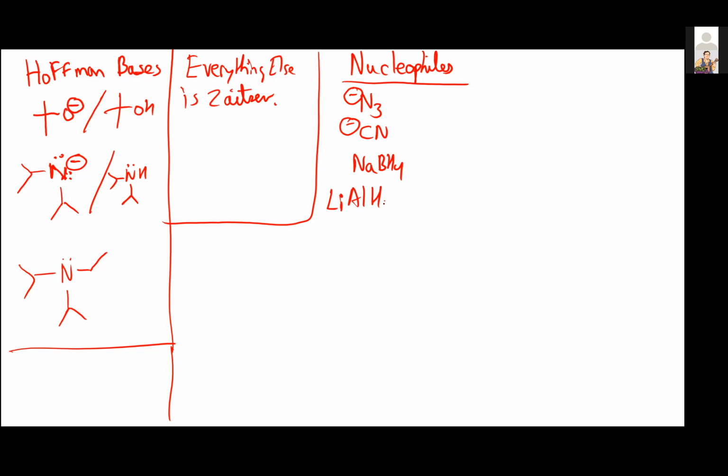So we saw lithium aluminum hydride and sodium borohydride when we did reductions. And if we think about what those carbonyls are, they're nucleophiles attacking the carbonyls. They're nucleophiles here too. So these are always nucleophiles. They're not great at displacing halides though.